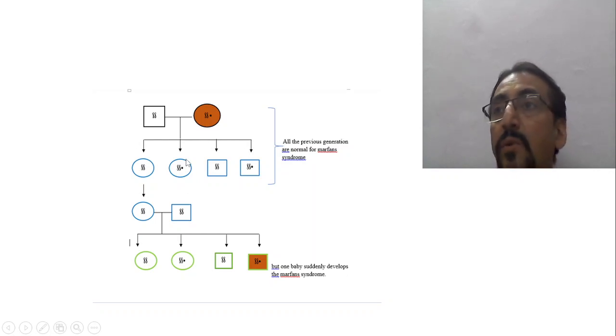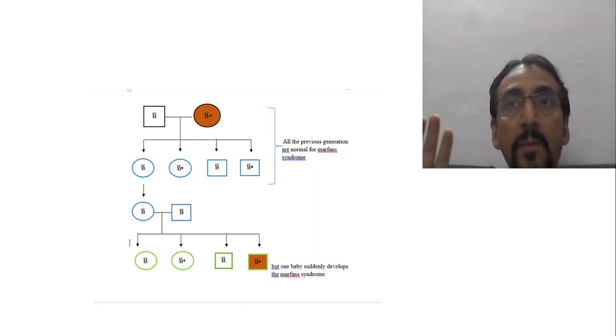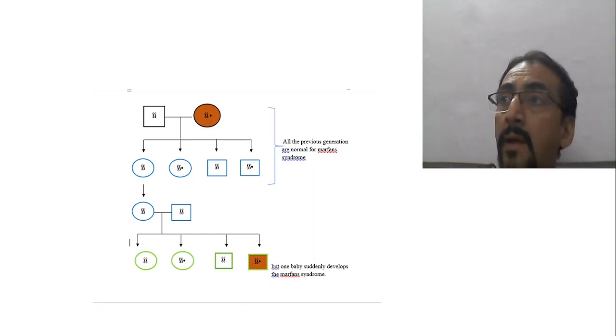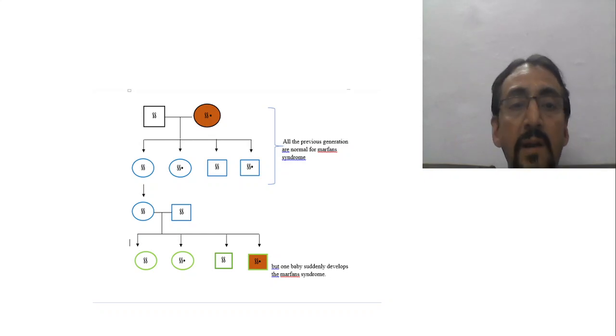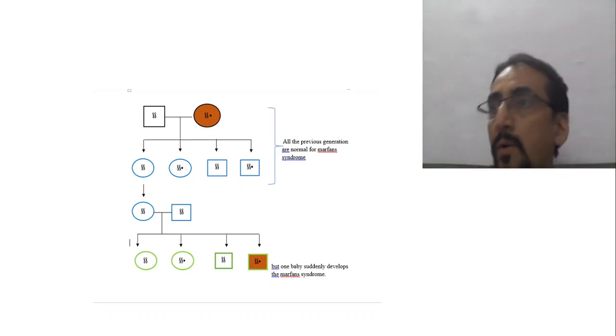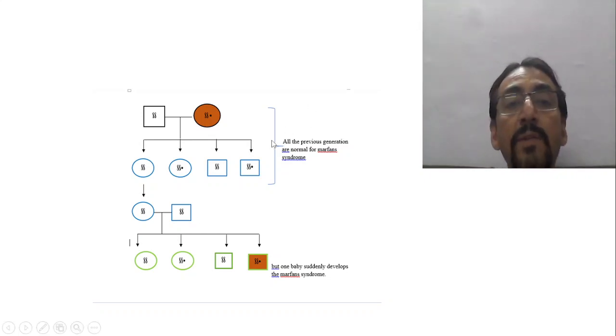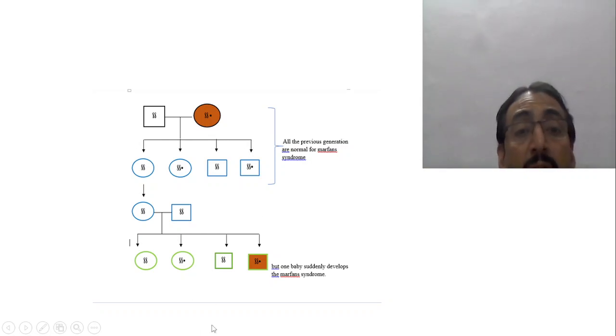This is against the rule of dominant disorder, isn't it? In a dominant disorder, there is no skipping of the generation, but here there is skipping of the generation. I have only shown 2 generations, you can take 4 or 5 generations. There is skipping of the generation, but after a few generations, again a child started with Marfan syndrome.